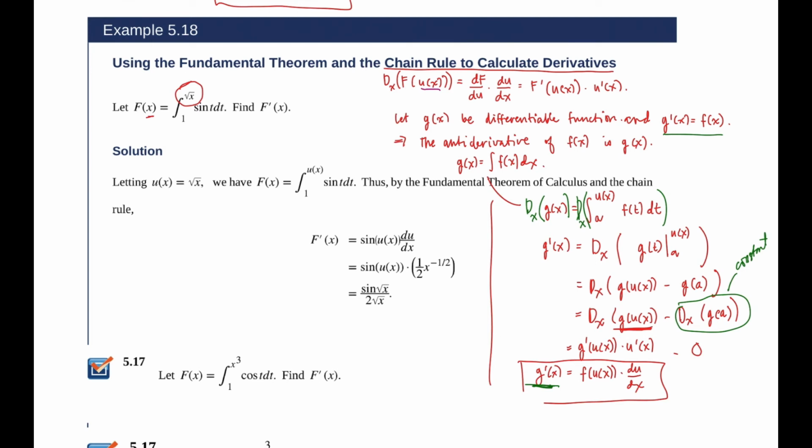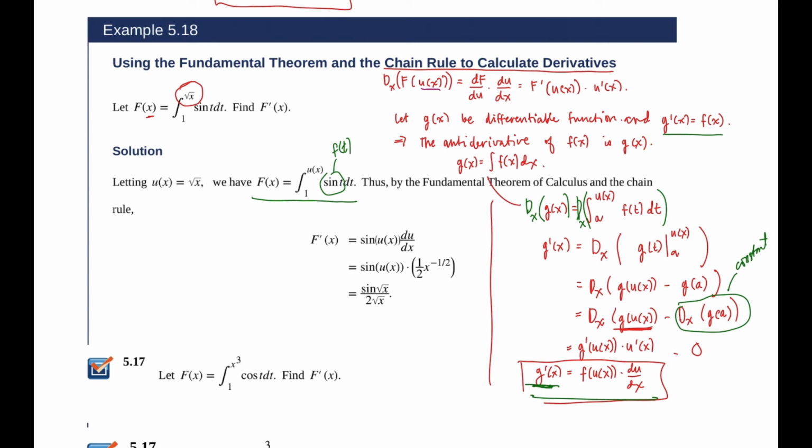Okay, so from the beginning we have g of x equal to the integral from a to u of x of f of t dt. So for our case, we have F of x equal to the integral from 1 to u of x of sine t dt. So sine t is our f of t. To take the derivative of this, we follow this.